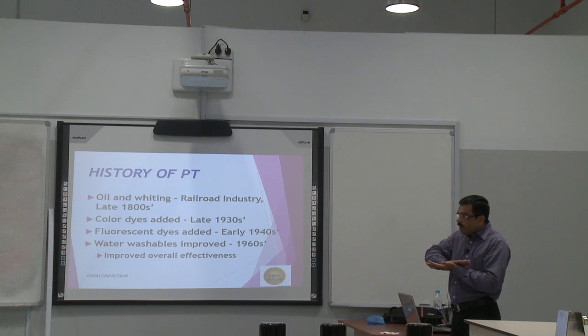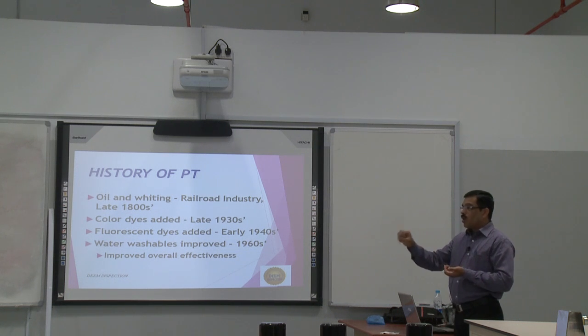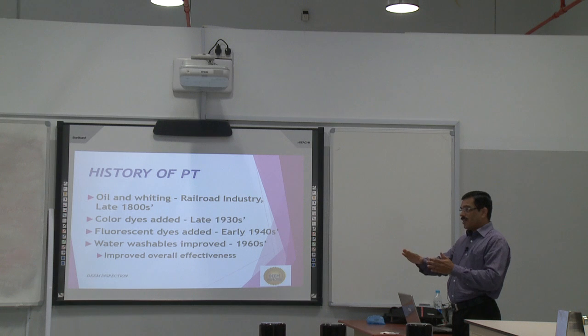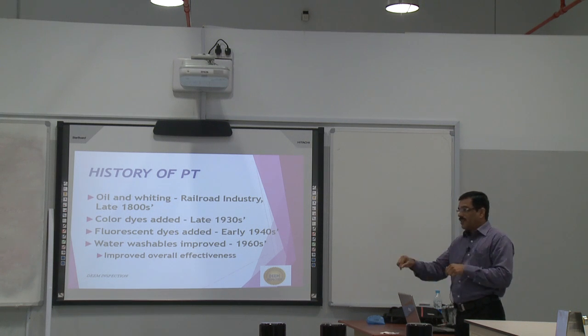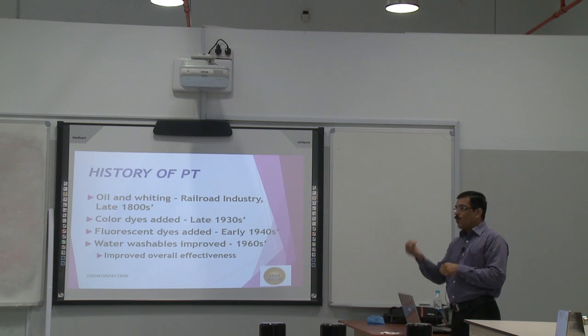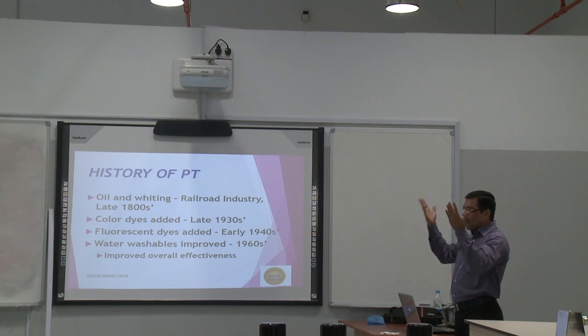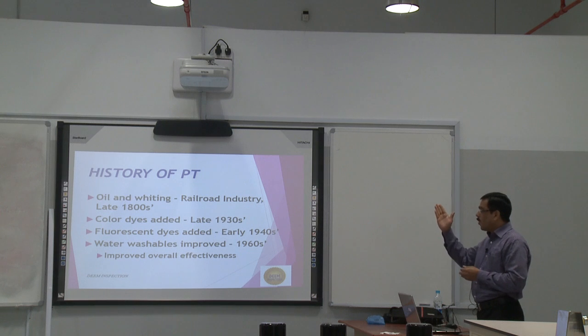After some time they would wipe out the oil and put chalk powder, white powder, on it, and if there were any defects or leakage, the oil would flow out. This is the olden method used in olden days.